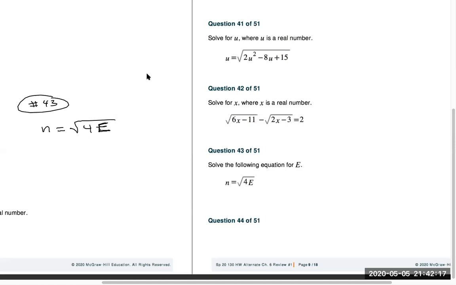You're trying to solve for E. So the first thing you're going to want to do is get the 4E outside of the radical. So we're going to square both sides. N squared equals 4E. And then we divide both sides by 4. And we get N squared over 4 equals E.